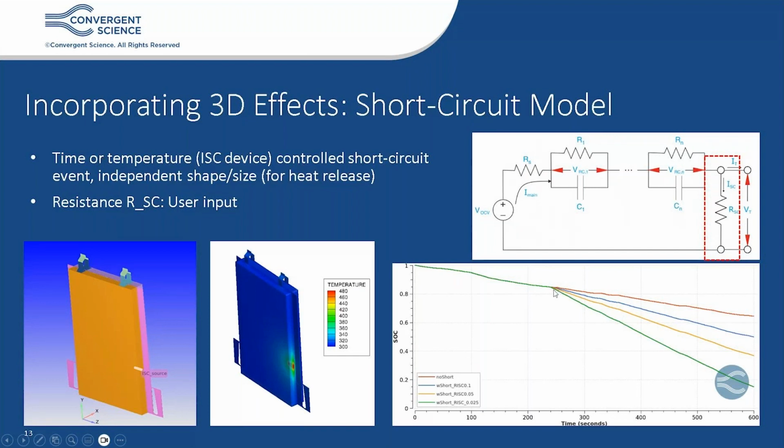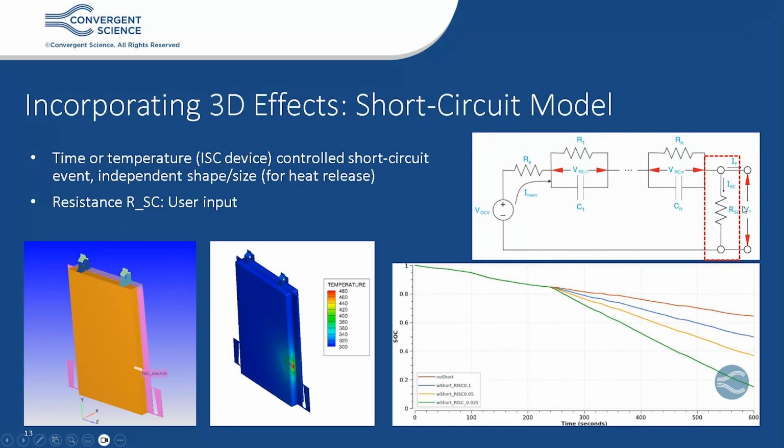And when you enable short circuit, depending on the short circuit resistance you have selected, you get a sharp decay in state of charge. So internally, there's a short circuit event and all of the electrical energy is released.